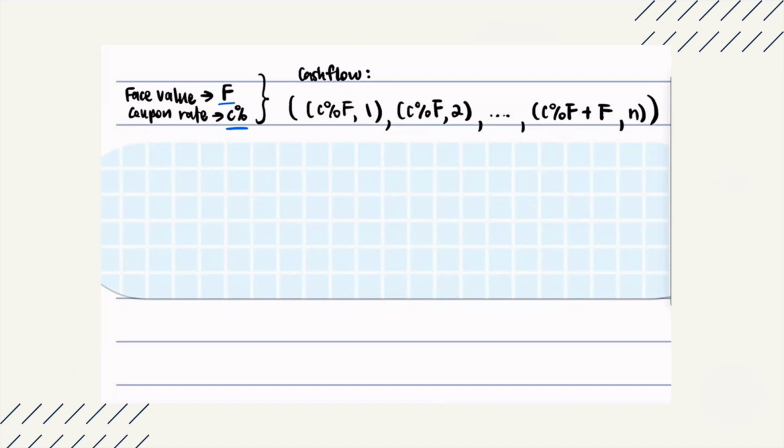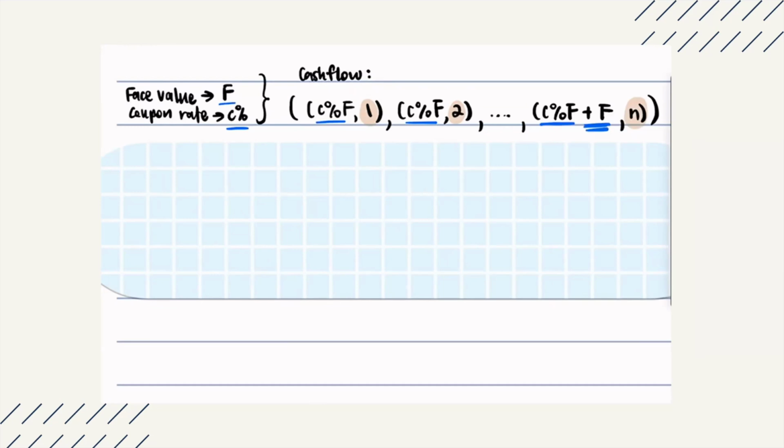At t equals 1, you would have your very first coupon payment of C% times F. At t equals 2, once again you would have a coupon payment of C% times F, and this would continue all the way until t equals n minus 1. At t equals n, which is also the maturity date, you would have your coupon payment C% times F plus your notional, which is F.